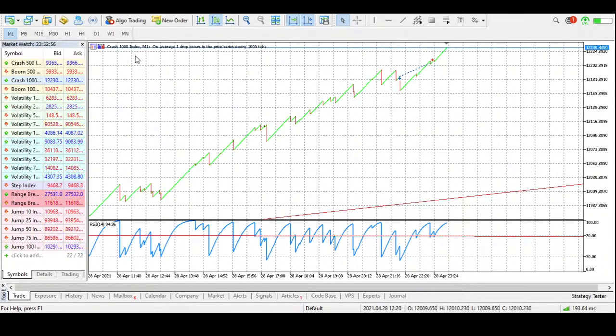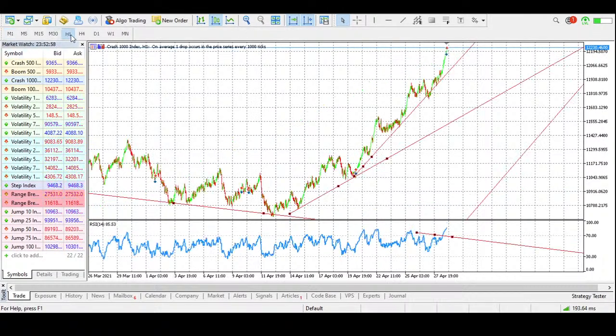Let me give you a tip on Crash 1000. This is going to happen in the coming days. Crash 1000 is going to crash like crazy, because it's just like a catapult. If you want to shoot very far, you push the pressure very far towards you, and then you release.